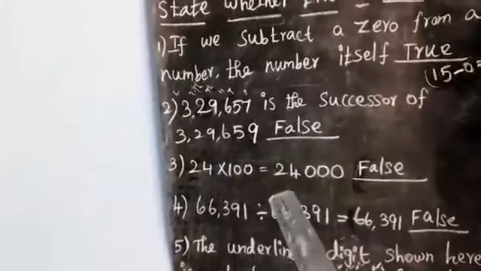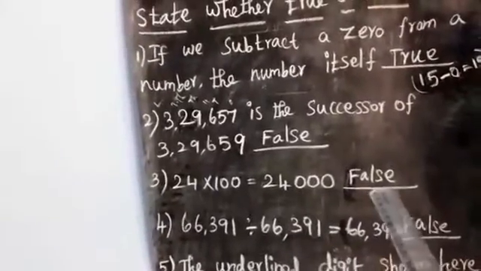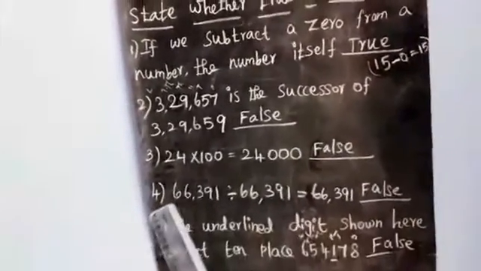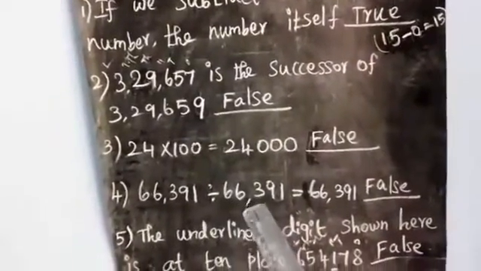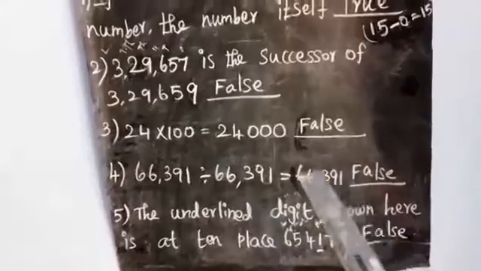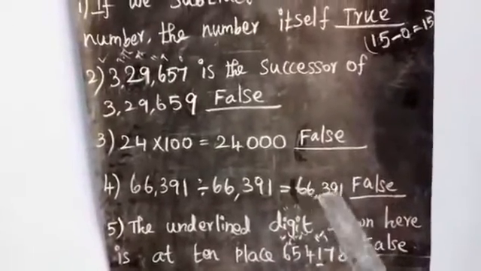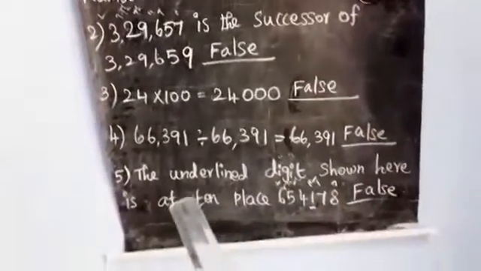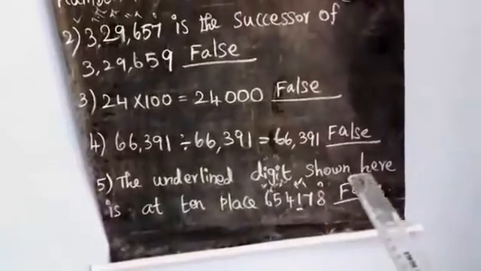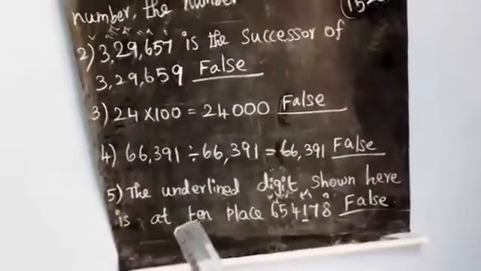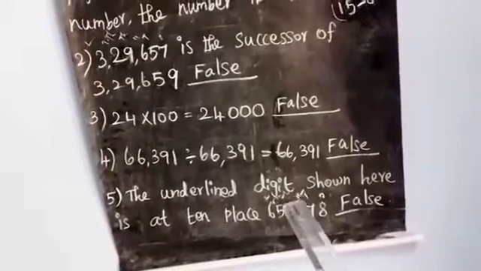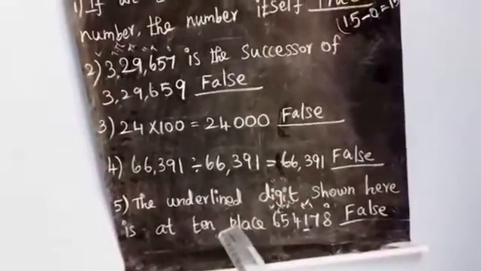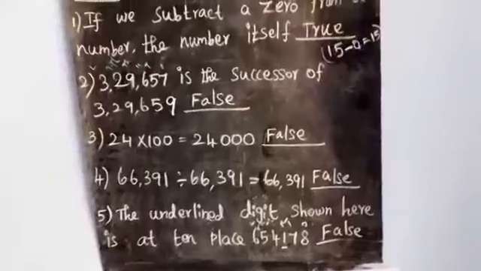Here 24,000 is given, so the statement is false. 66,391 divided by 66,391 is equal to 1. Here the answer is the number itself, so the statement is false. The underlined digit 1 is at the hundreds place. Here tens place is given, so the statement is false.